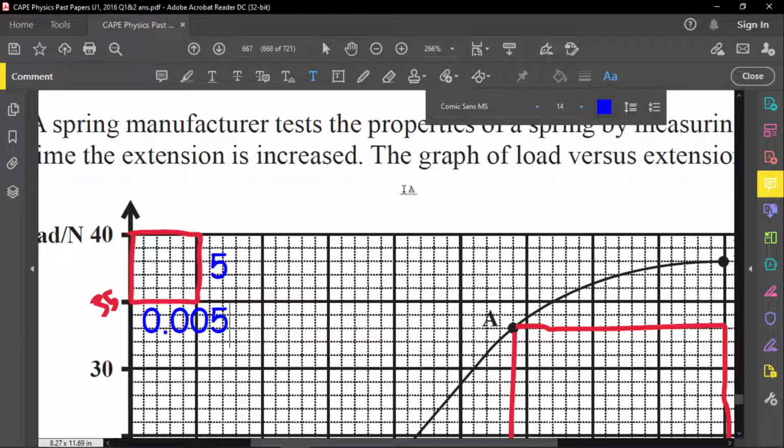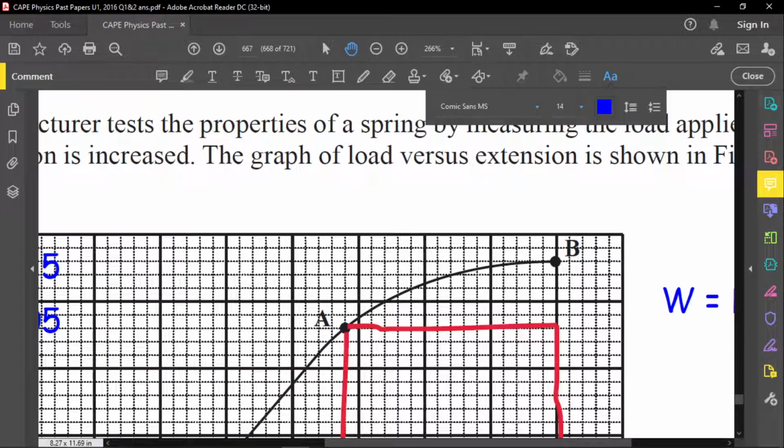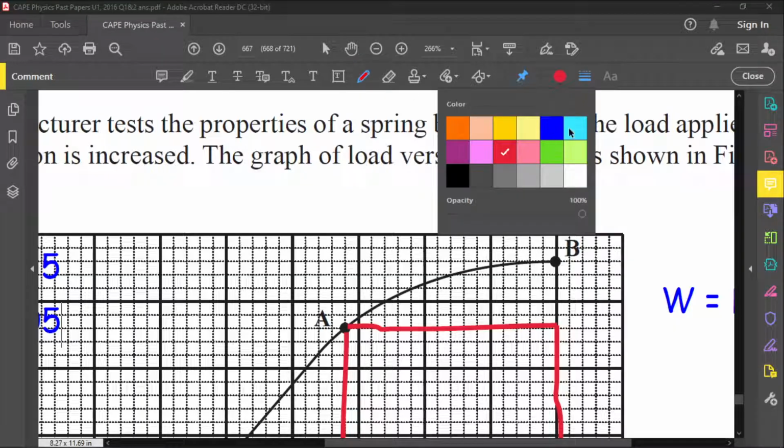Now, what I want to do is see how best I can estimate how many squares I have here. I could count the small ones, but I want to count the big ones. So I'm going to use a different color and highlight what I'm talking about.